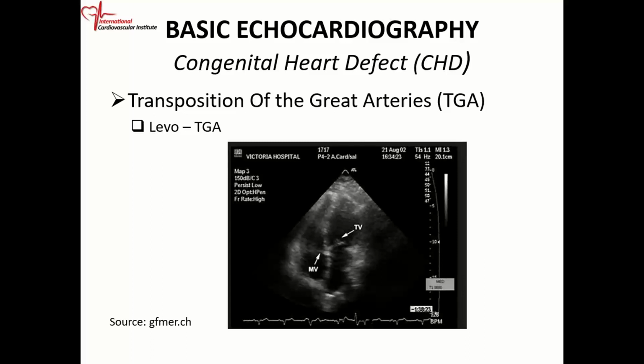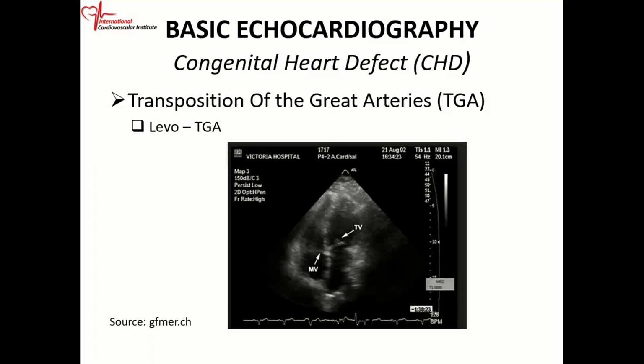If you don't have mixing of the oxygenated blood going to the aorta, that baby cannot survive. So if the baby survives, that means they have a shunt, either PDA or some shunt to survive.